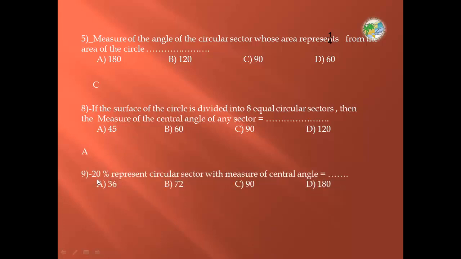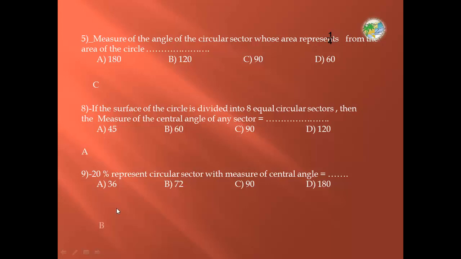Number 9: 20% represents a circular sector with a measure of central angle equal what? We said before that with any percent, the total is 100, so 20 over 100. To get the central angle we do 20 over 100 times the accumulative angle, which is 360.